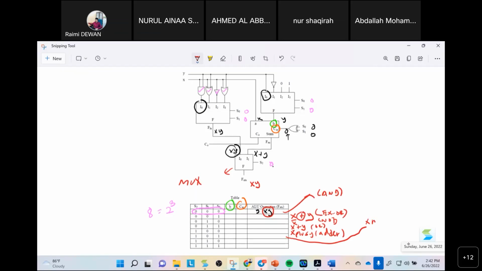X minus Y. So this one is subtractor. This one is X plus 1.